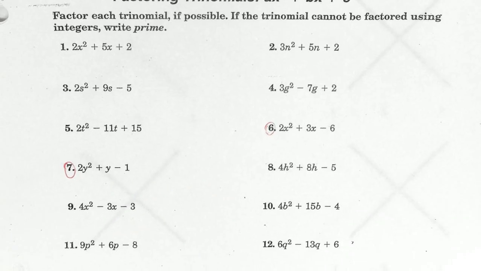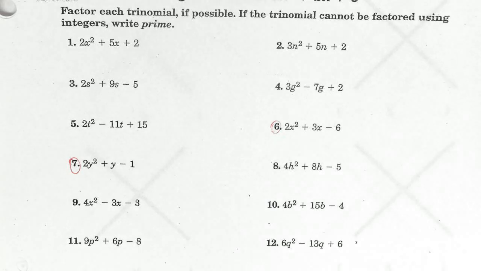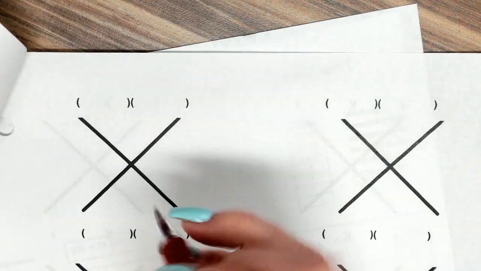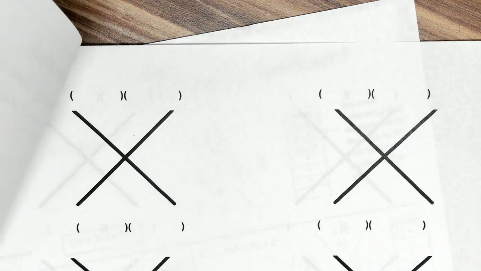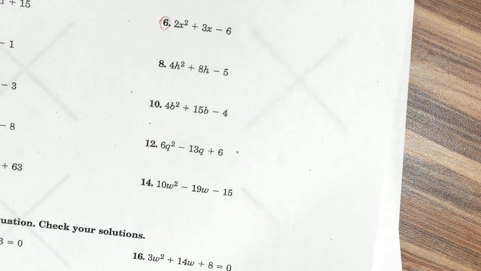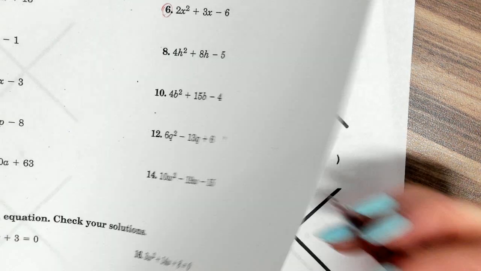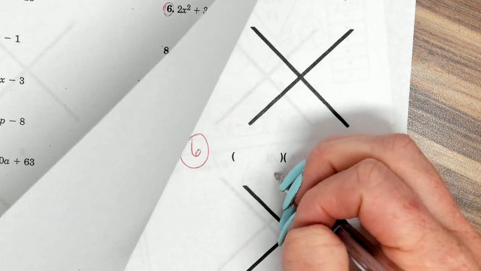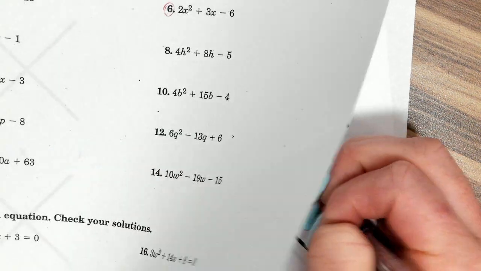Now, I want us to look at number 6 together. So I'm going to go ahead and go 1, 2, 3, 4, 5. This is going to be number 6. So I have 2x squared plus 3x minus 6.